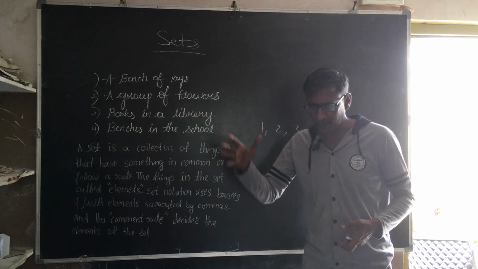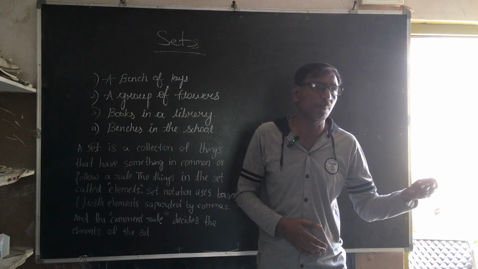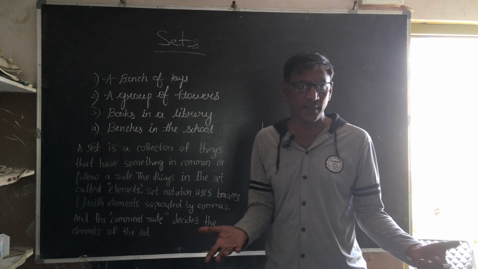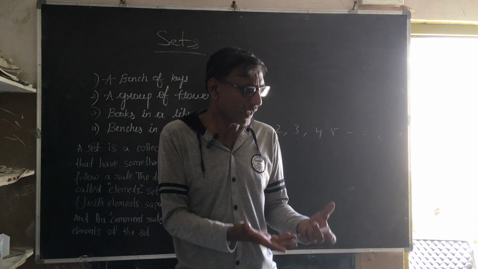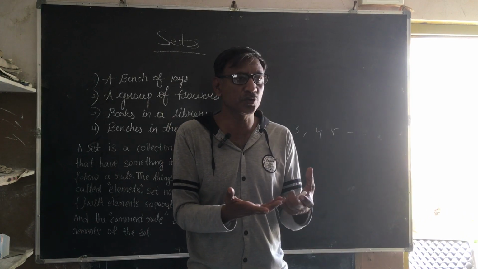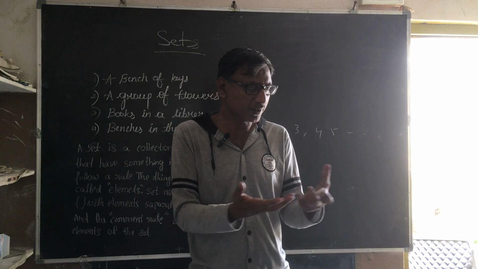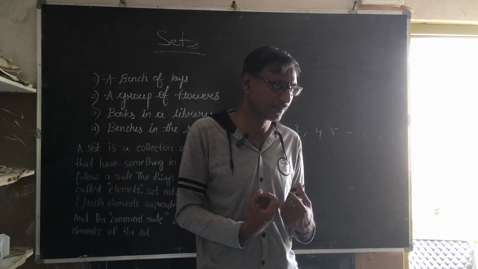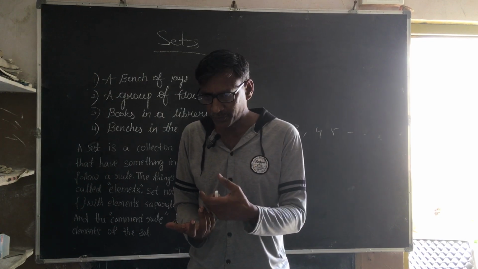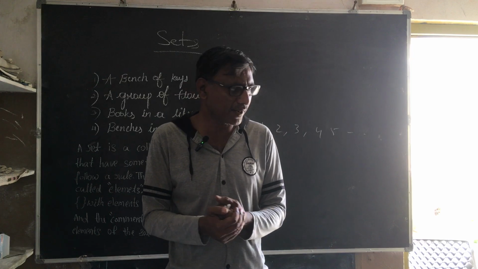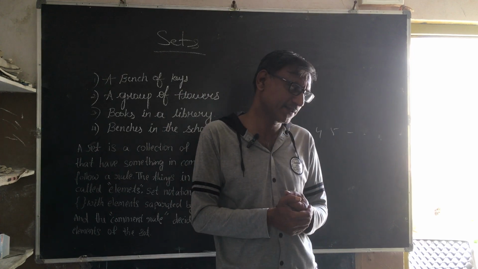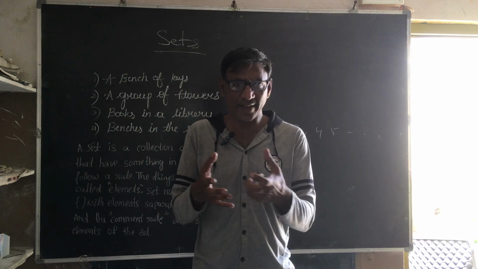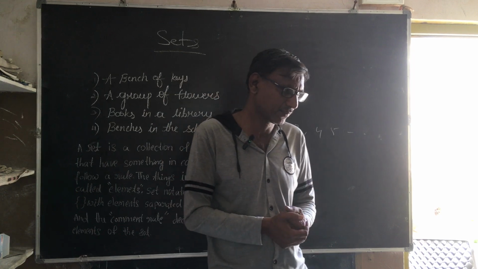Things may mean students, or books in a library. Books have a common property: they give knowledge to us, right? You are learning from the books only, in the library. Books have a common property that gives knowledge to us.